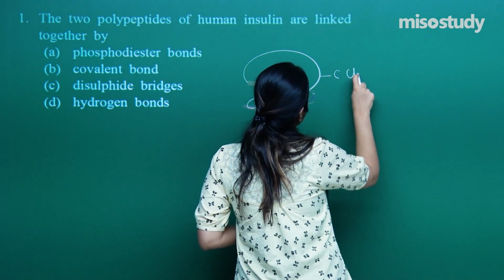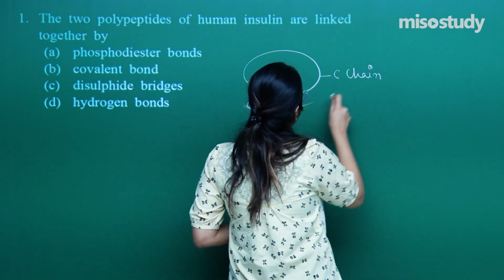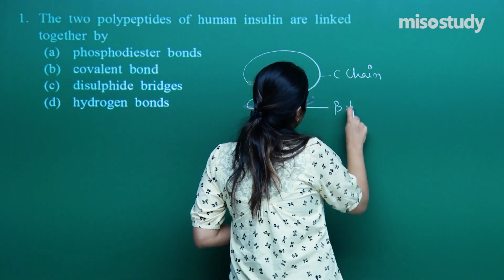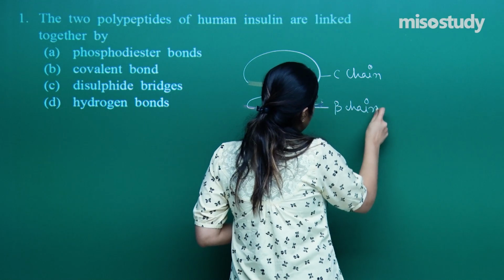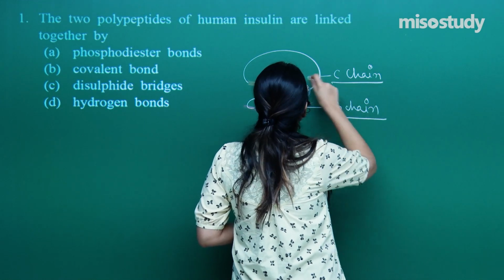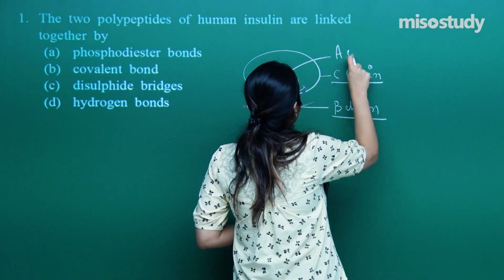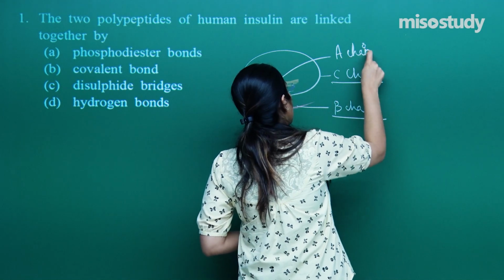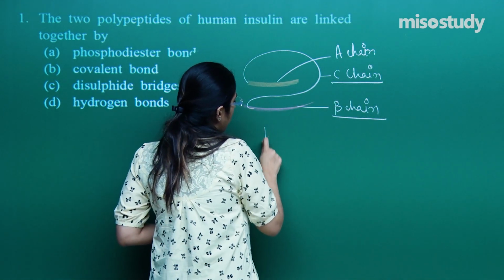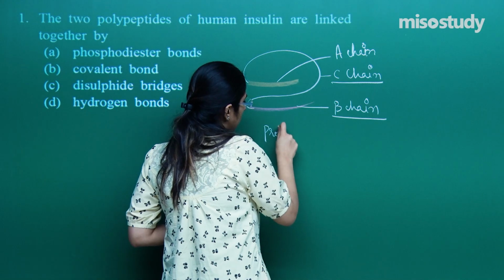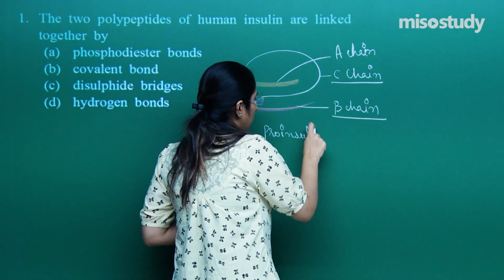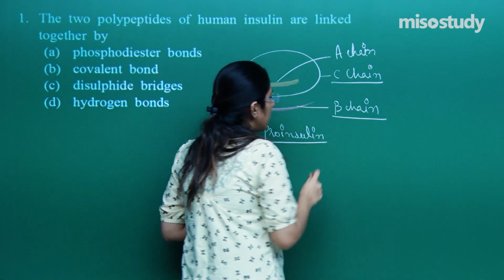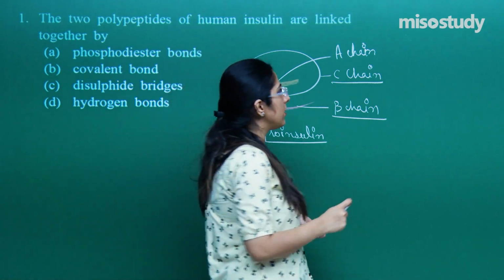This is a C chain, or C peptide, whatever you want to call it. Similarly, we have the A chain like this, and the B chain. What is this? This is a proinsulin.